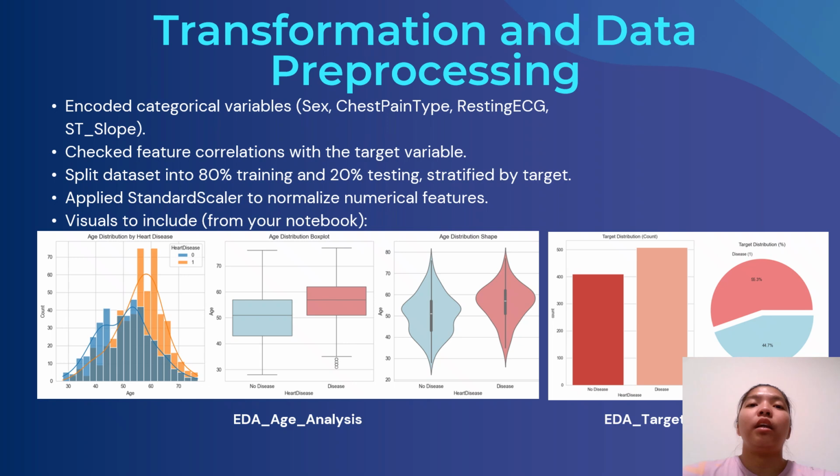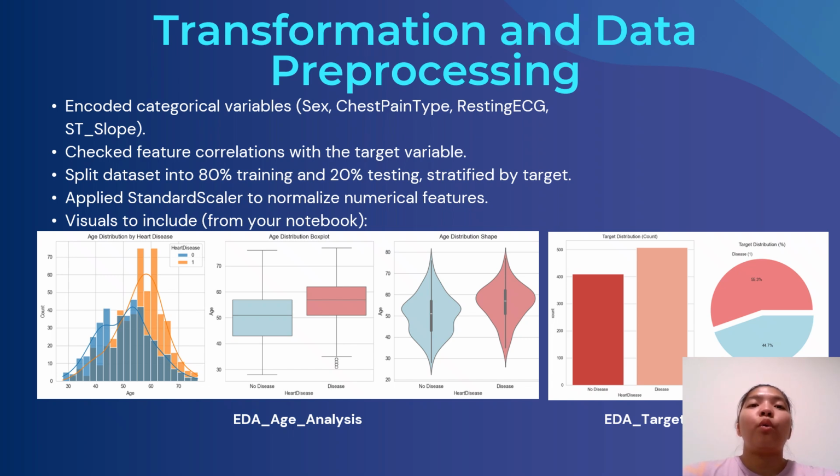Splitting datasets into 80% for training and 20% for testing, ensuring stratification so both sets have a balanced number of positive and negative cases. Normalizing numerical features using standard scaler, which helps models like KNN and SVM perform better by keeping all variables on a similar scale.